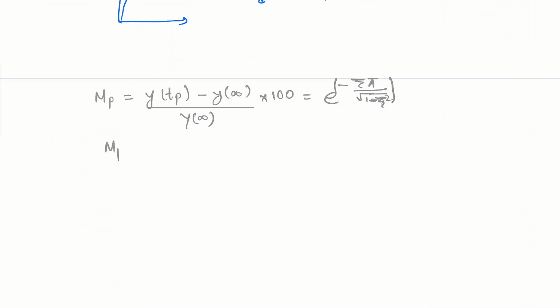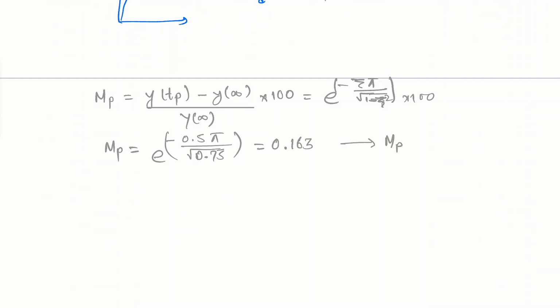So for our case, Mp is equal to e power minus 0.5 into pi divided by under root 0.75, which results in 0.163.